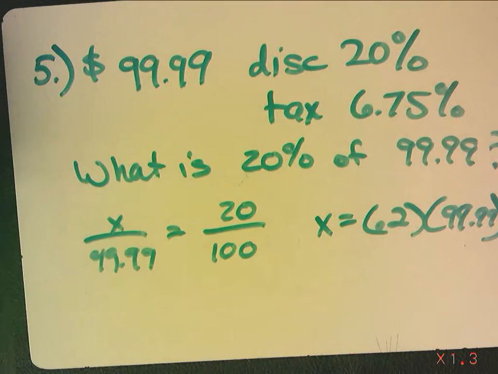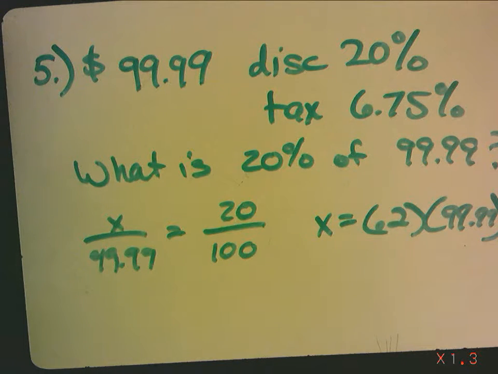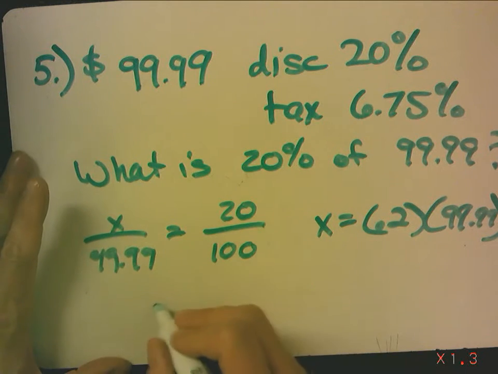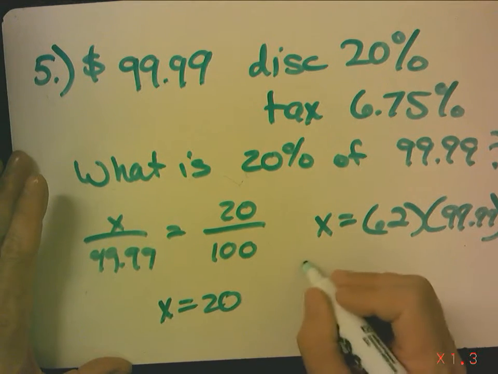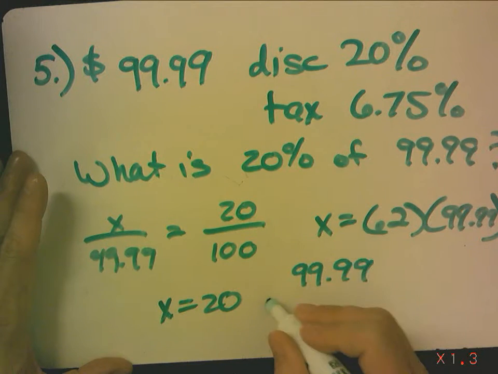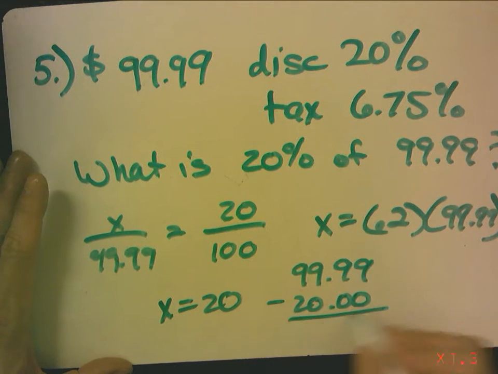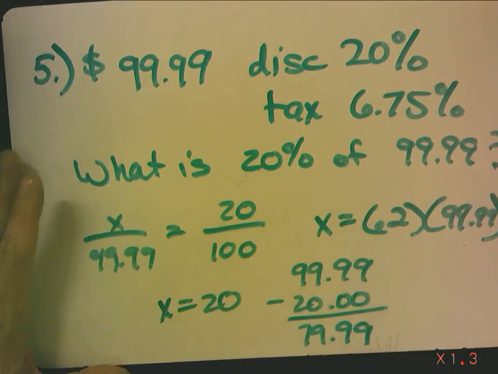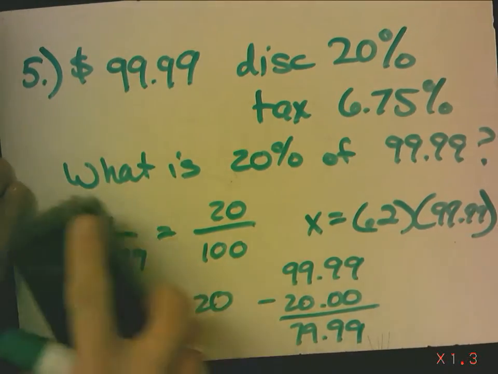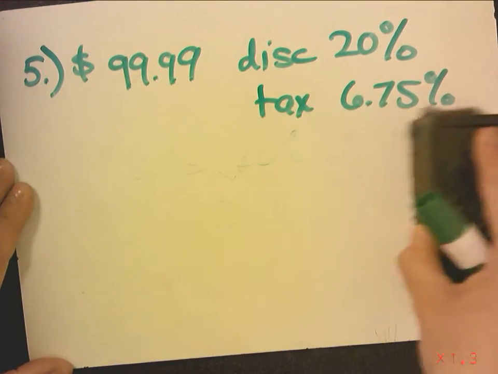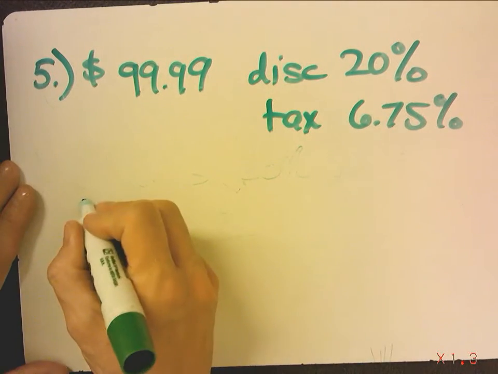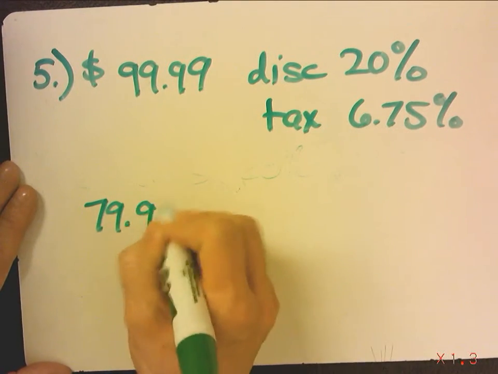And if we do that, it rounds to 20. We get x equals $20. So I take $99.99 minus $20, and I get $79.99. So my dollar discount, or my discounted price, is $79.99.